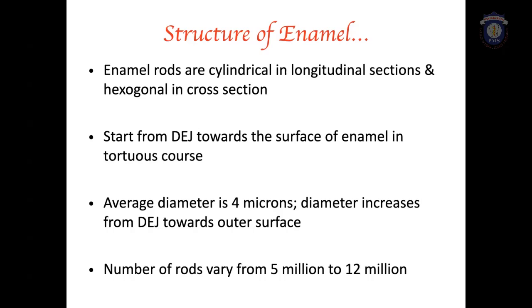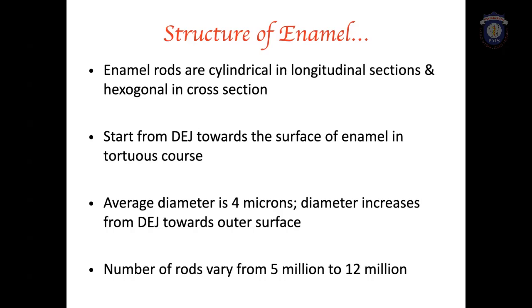And that junction is not flat, it is scalloped. Scalloped means it is like a wavy joint where the convexity of the wavy joint is facing towards the dentine and the concavity is facing towards the enamel. So that is a peculiarity of the dentino-enamel junction.